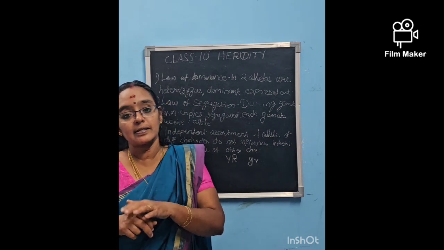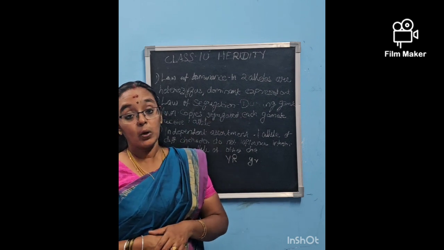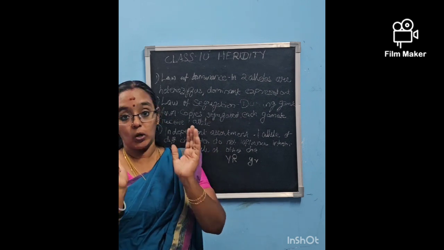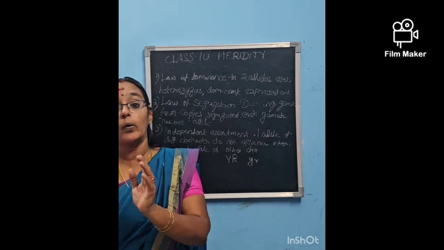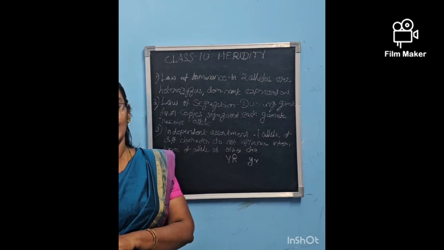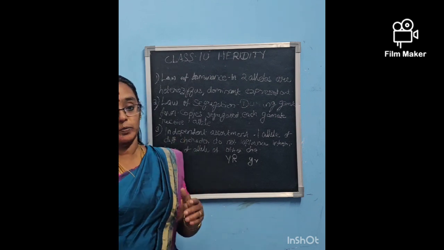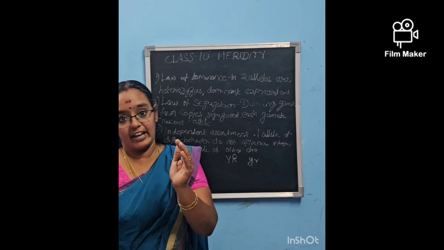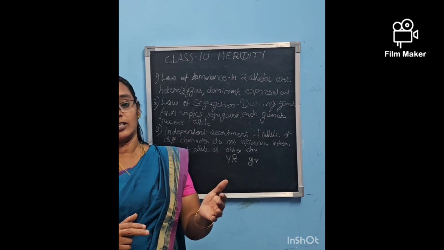There is no compulsion that the yellow colored seed should be always round. The allele which was yellow colored should not always have round as its character. This is the independent assortment. One allele will never affect or influence the other allele.